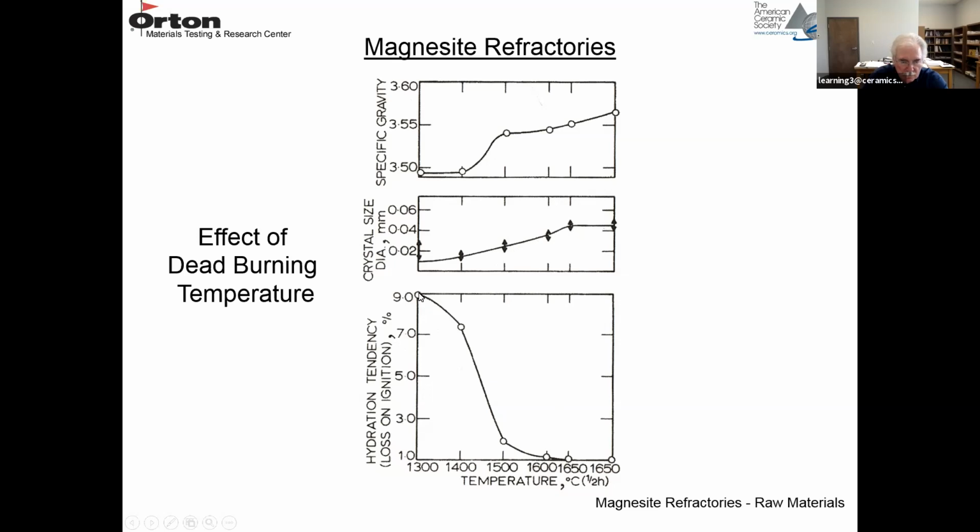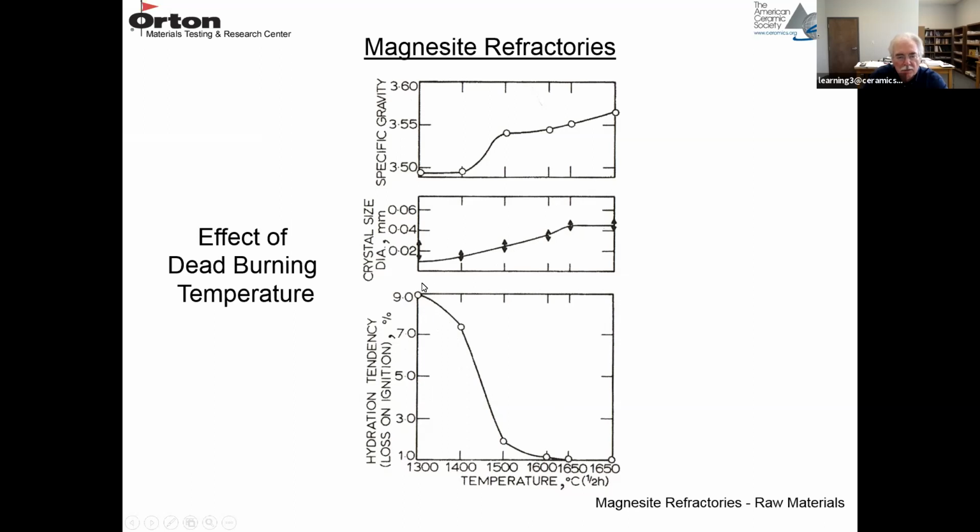And then this factor, hydration tendency, goes down as you decrease the porosity and make a dense structure, lower surface area. So at a higher temperature, you have a lower loss on ignition when you run a hydration test. So that's a lower number, and it's more resistant to hydration.